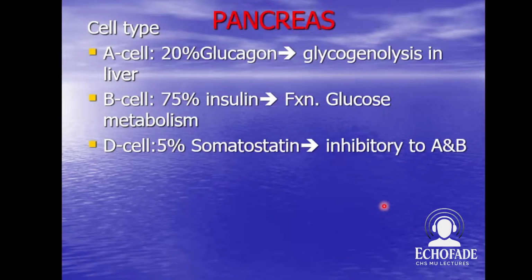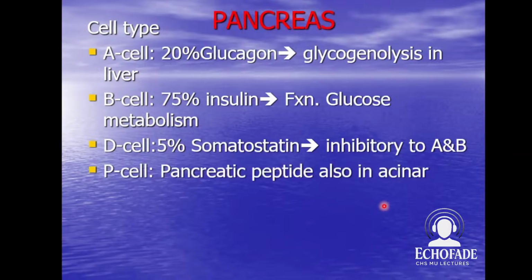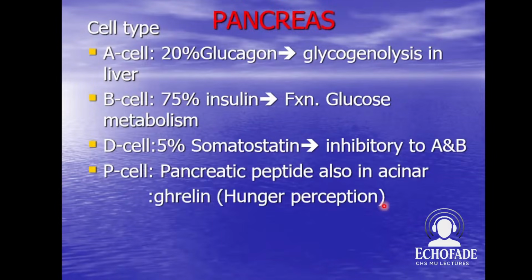The other cell types are the P cells, and P cells produce pancreatic peptides. These are also in the acinar cells. And they also produce ghrelin. The ghrelin is the hormone that makes you feel hungry.